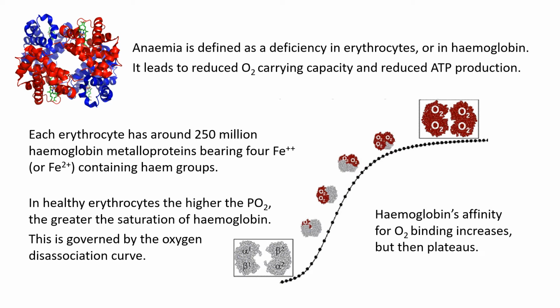You can see here, we've got 1 O2 bound, 2 O2 bound, and gradually it goes up that slope until 3 O2 bound. With 4 O2 bound, the plateau forms because you can't increase beyond that, as there are only 4 heme groups in each metalloprotein.